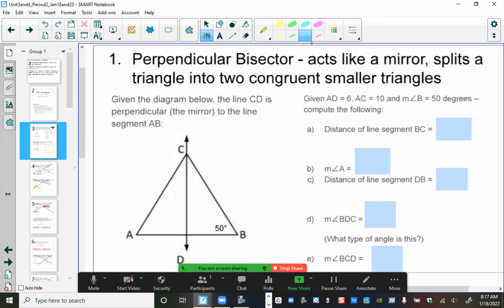Here's your perpendicular bisector right there. The other important thing is when it intersects the line, it forms what type of angle? 90-degree right angle. Very good, Noe. So that's the other important part.